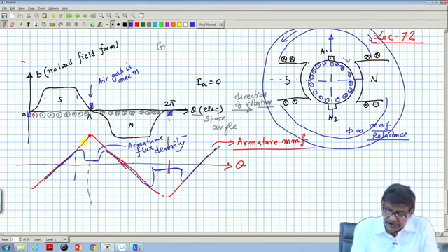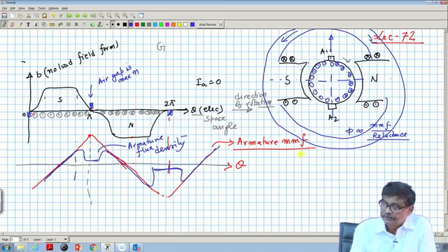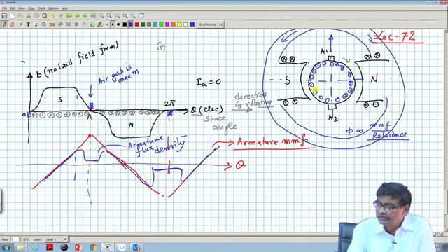Then I got this red curve which gives you the armature MMF drop across the two air gaps, and this red one is the armature MMF. So, what will be the flux density? It will be proportional to armature MMF divided by the reluctance of the path. But the only thing is the air gap is not constant in a DC machine. Over this zone the air gap is constant, here it is maximum.